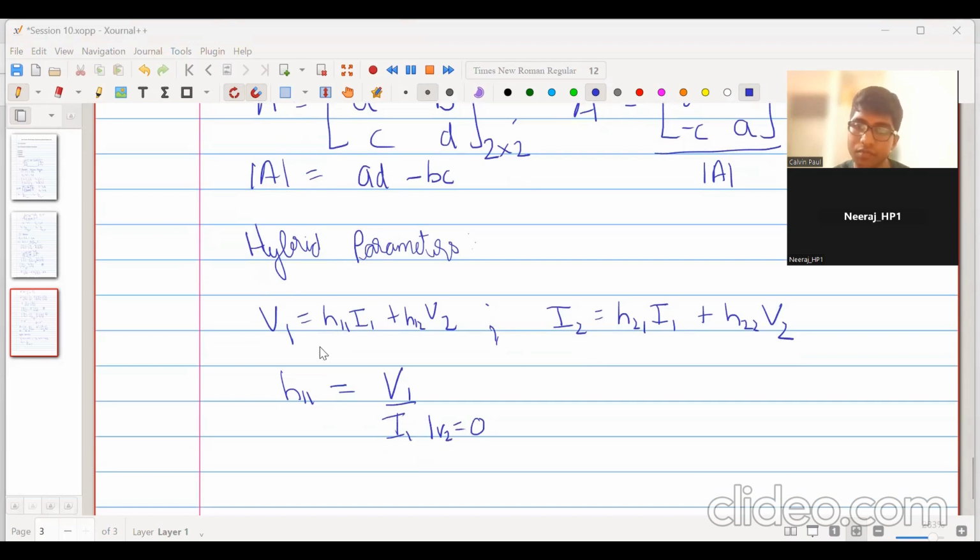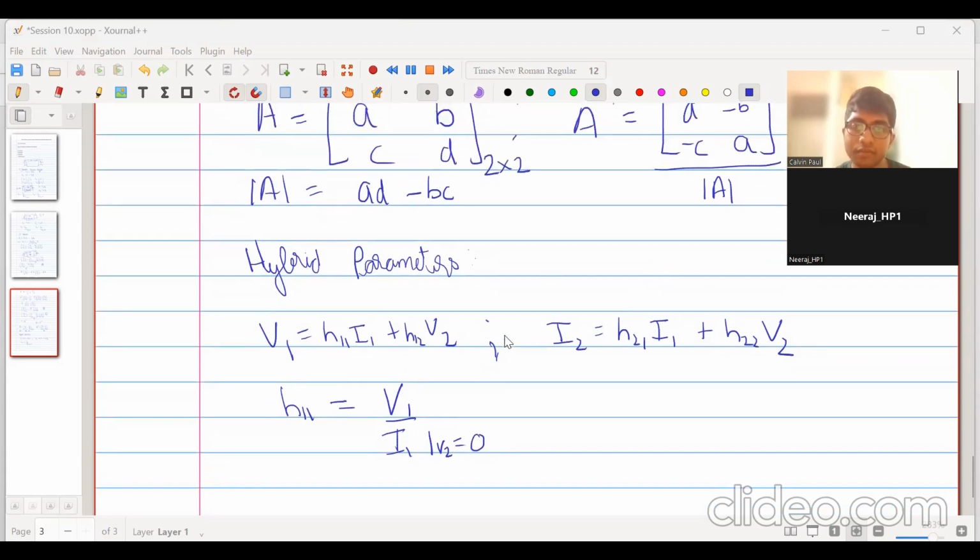Similarly, we found H11. What are the parameters we will find if we short circuit the output side? Yeah, we will find H11 and H21.